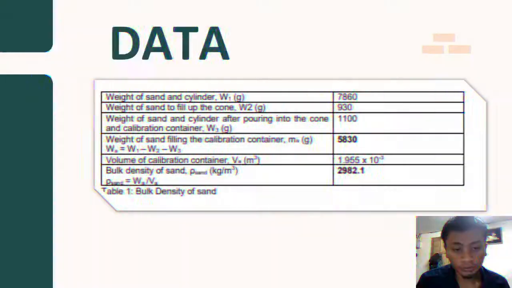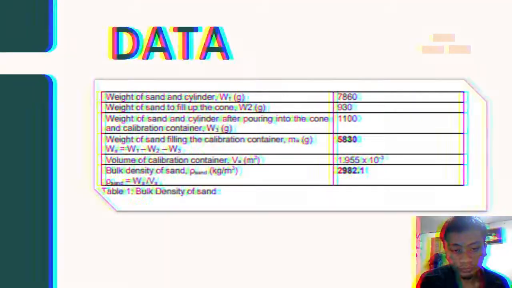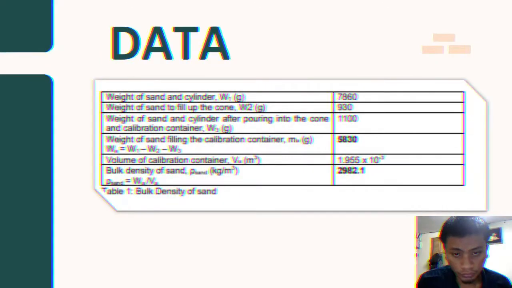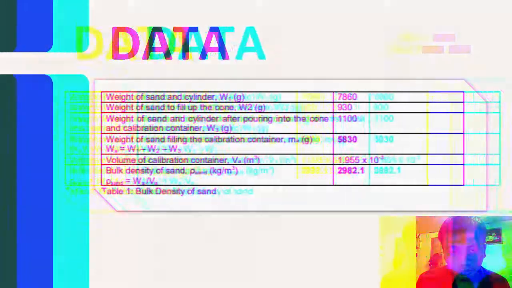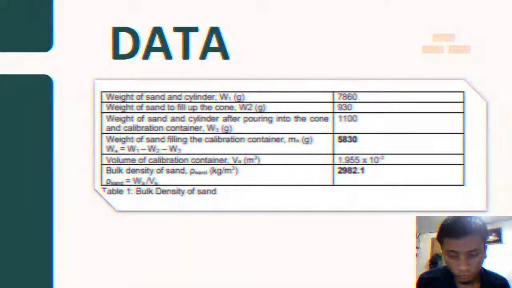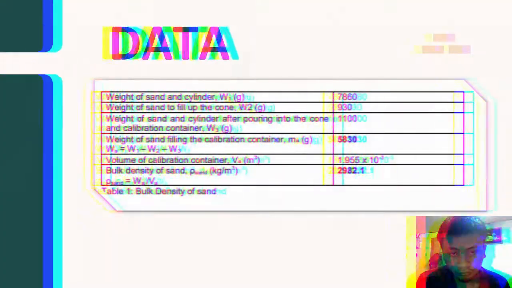As you can see, Table 1 is about the bulk density of sand. The weight of sand and cylinder is 7,816, and the weight of sand to fill up the cone is 913. The weight of sand and cylinder after pouring into the cone and calibration container is 1100.